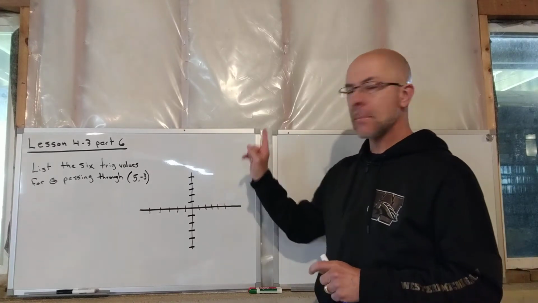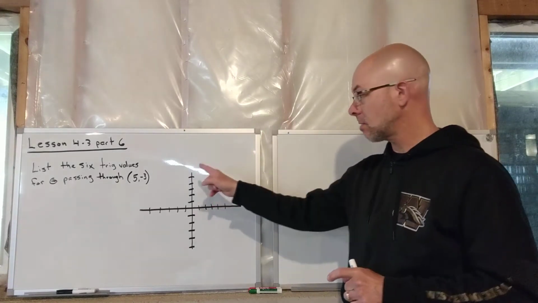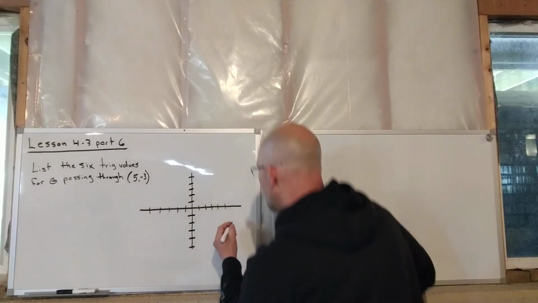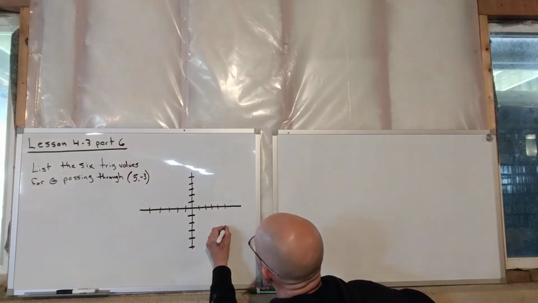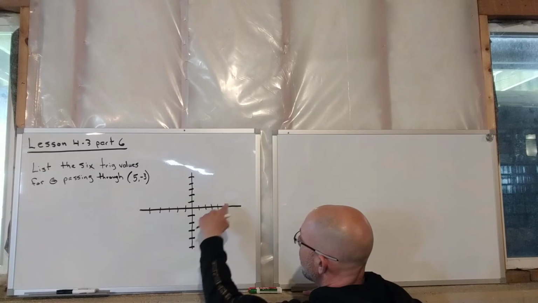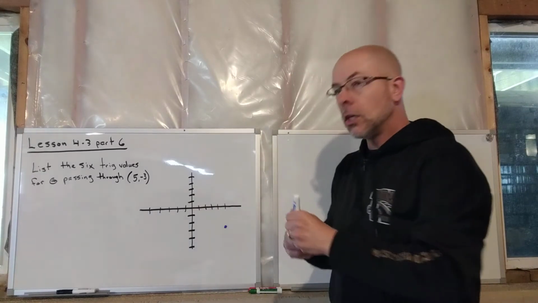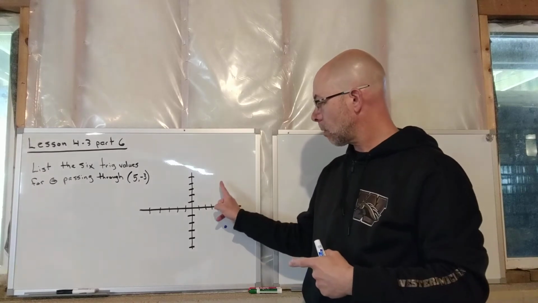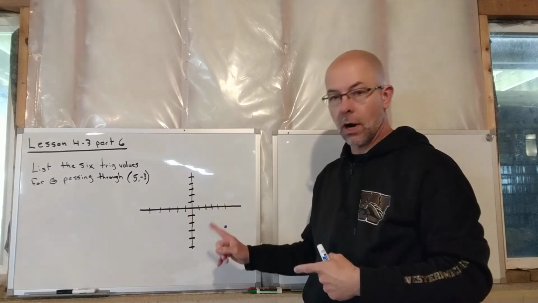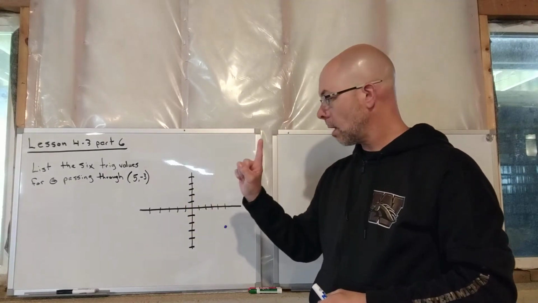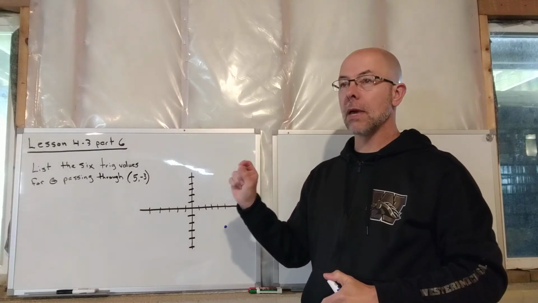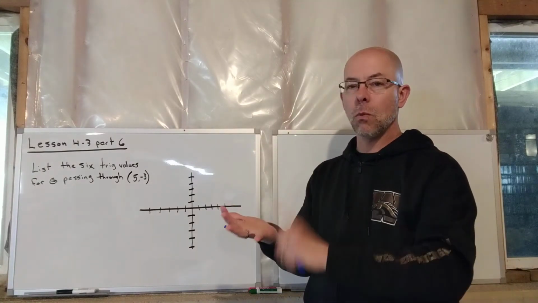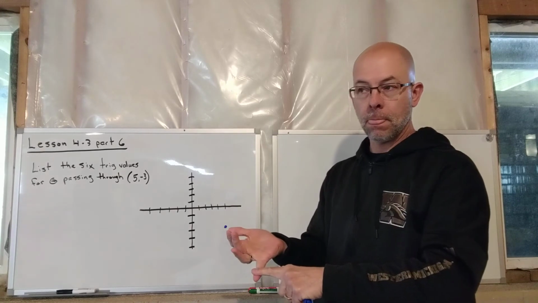So number 1, plot the point. That's 5 right, 3 down, right there. 5 right, 3 down. And I don't care, I did my examples in quadrant 4. I don't care if you're in quadrant 1, 2, 3, or 4. You do these directions. You're going to make yourself a right triangle, and you make the right triangle the same way every time.